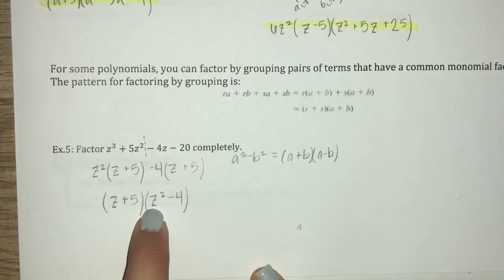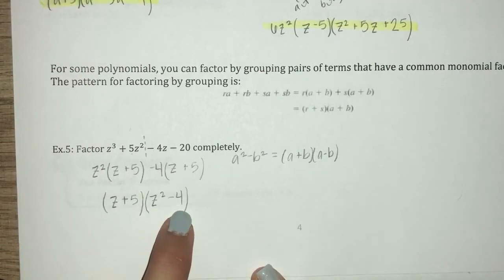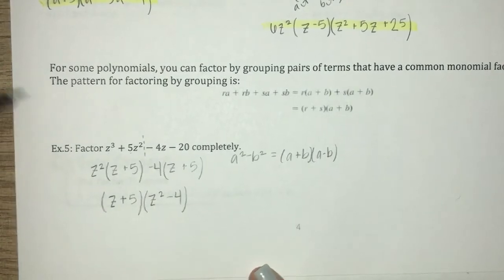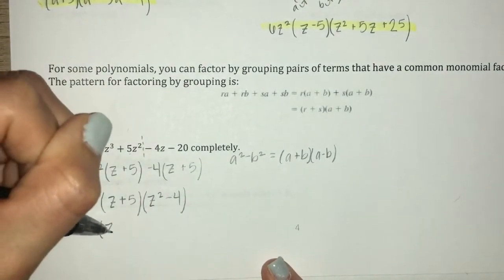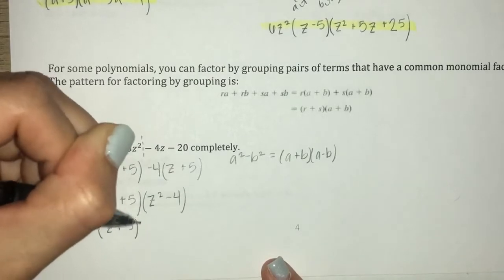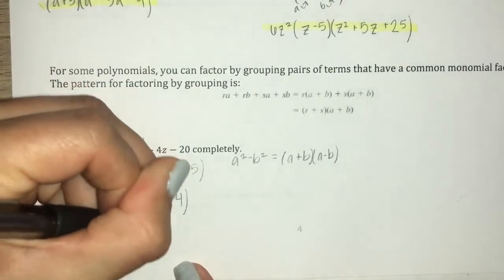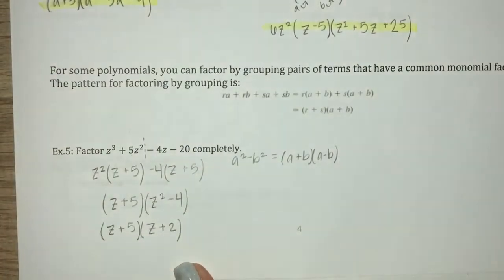That means that a would be z, and b would be 2, since 4 is 2 squared. So the z squared minus 4 can be factored further. The z plus 5 will come down, and then z squared minus 4 factors into z plus 2 times z minus 2.